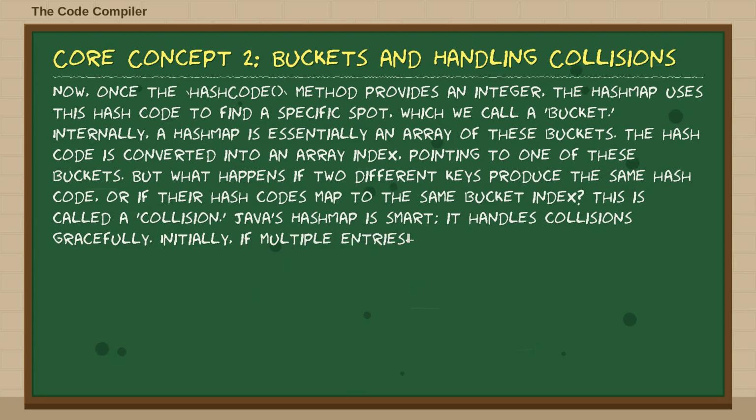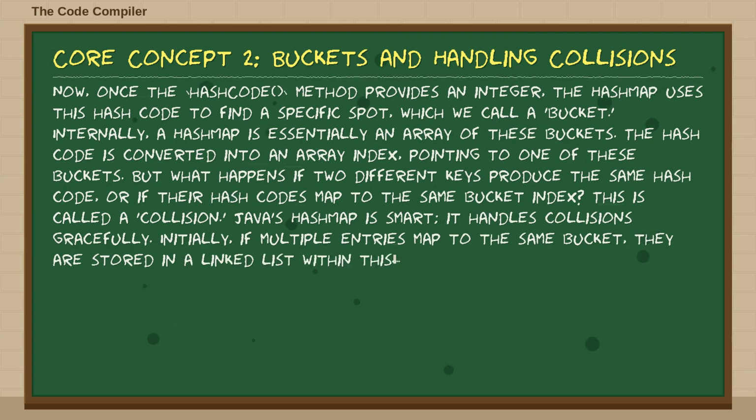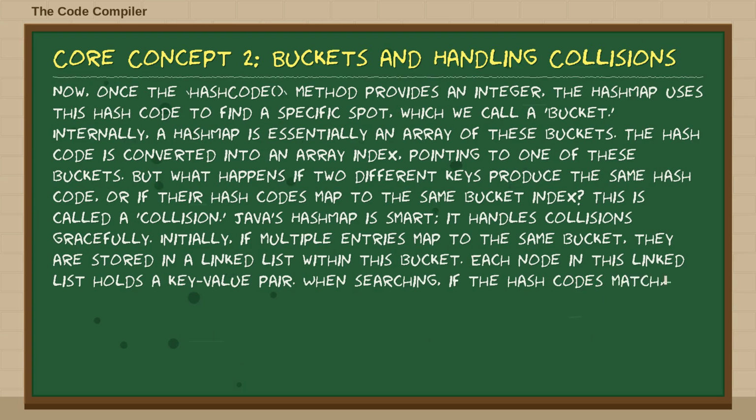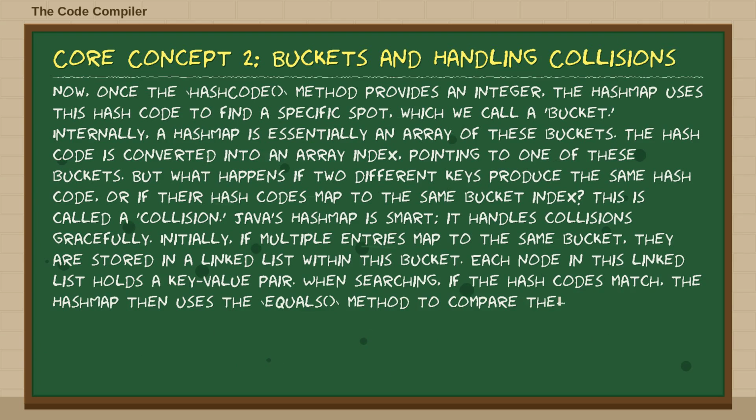Initially, if multiple entries map to the same bucket, they are stored in a linked list within this bucket. Each node in this linked list holds a key-value pair. When searching, if the hashcodes match, the HashMap then uses the equals method to compare the keys within that linked list until it finds the exact match.